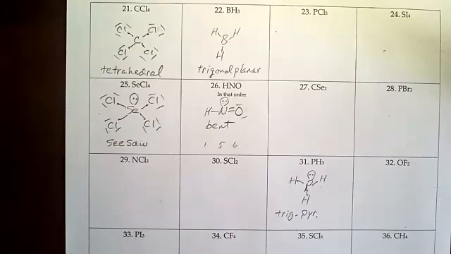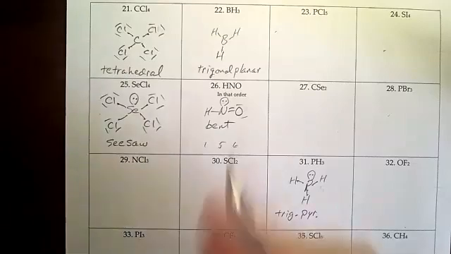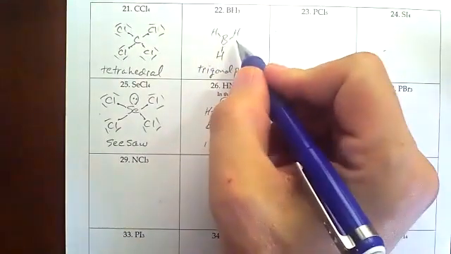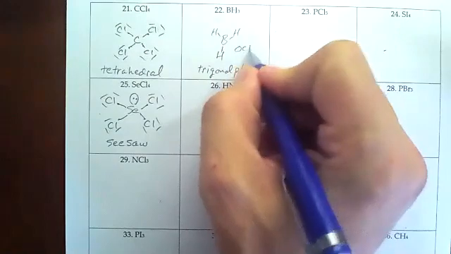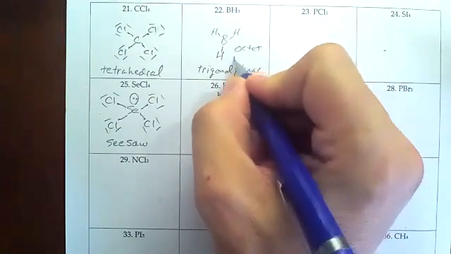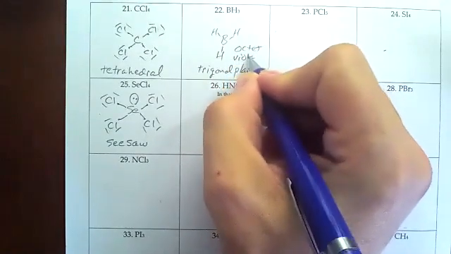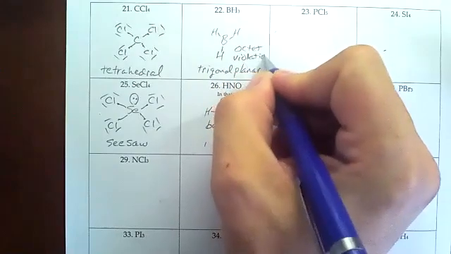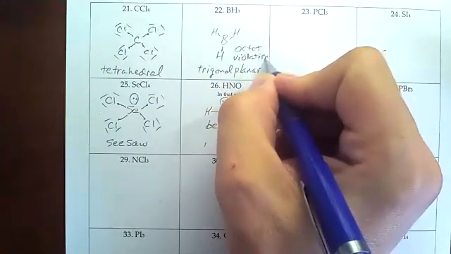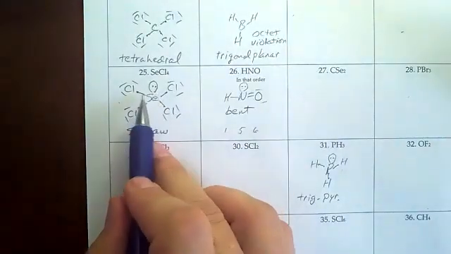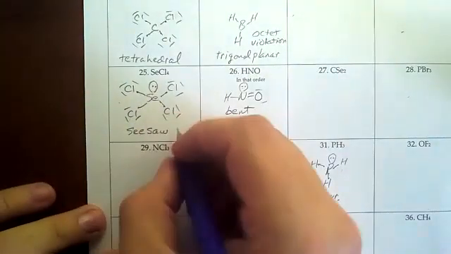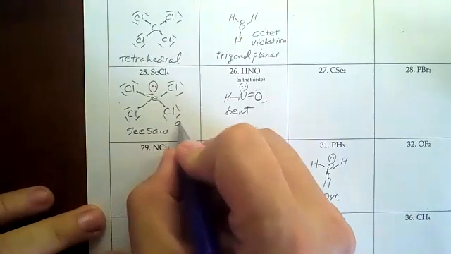It's an octet violation because boron does not have 8. It has 6. So this also needs octet violation. And this one, selenium diagrams, has 2, 4, 6, 8, 10, which is an octet violation. So we'll shoehorn that in somewhere here.